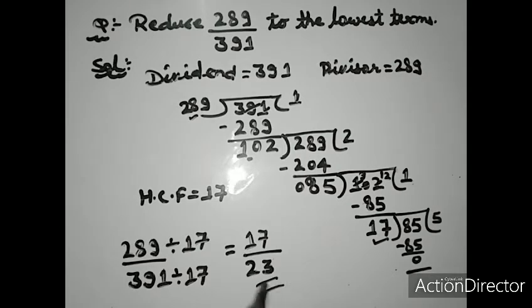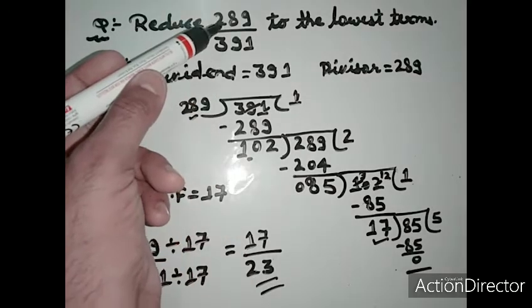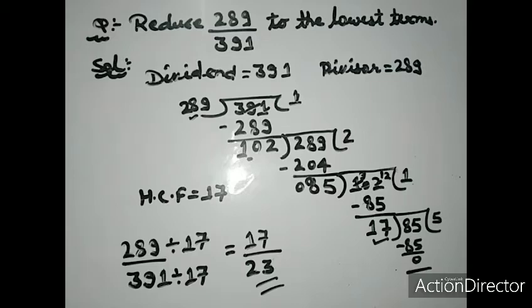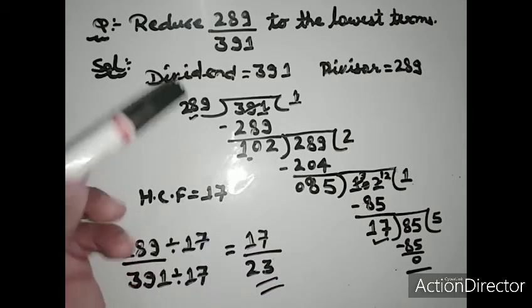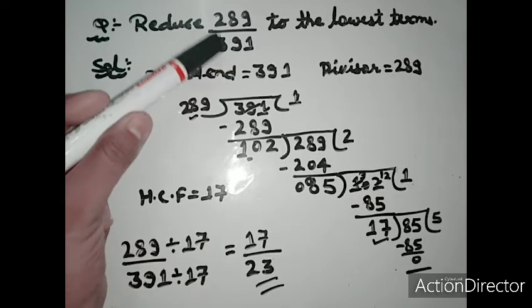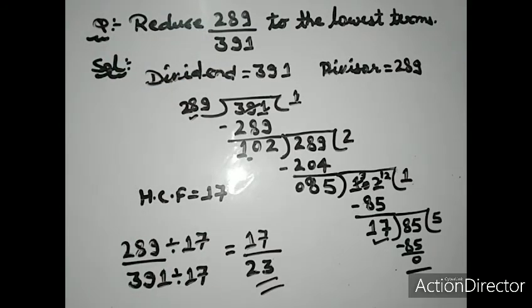So here we say that 17 upon 23 is the lowest term of 289 upon 391. So dear students, this is the method which you follow to find the lowest terms of the given fraction. First you find the HCF of the given numbers, and after that you divide the given fraction by their HCF.